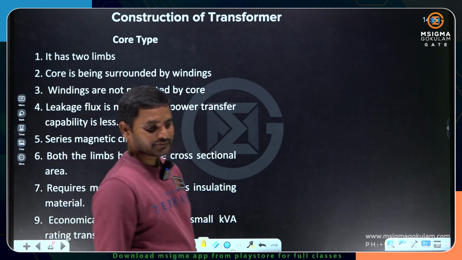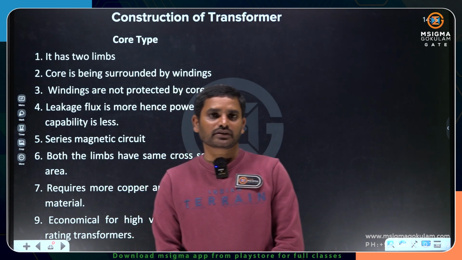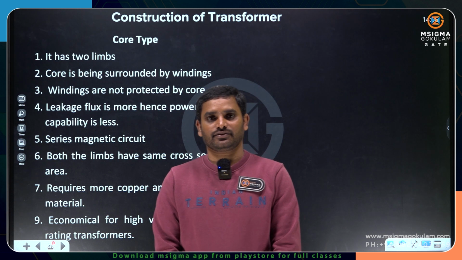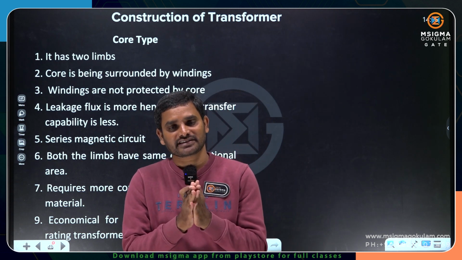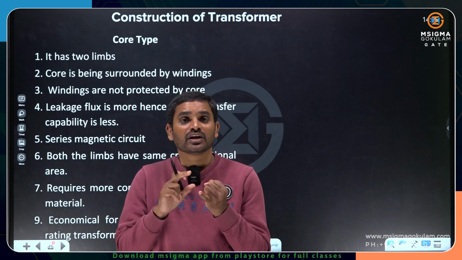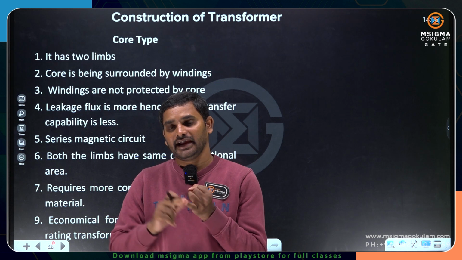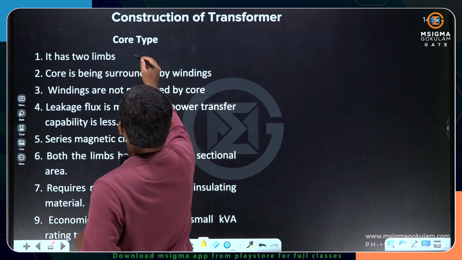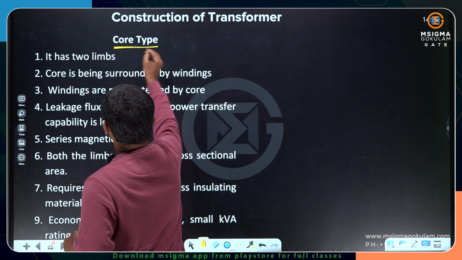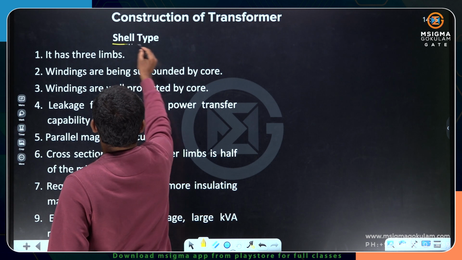That is the fourth option. Now we will discuss the type of the magnetic circuit. Before this, we discussed the shape of the magnetic circuit. The shape must be cruciform core shape, but not square shape. And here we will discuss the type of the magnetic circuit. We have two types generally, core type and shell type.